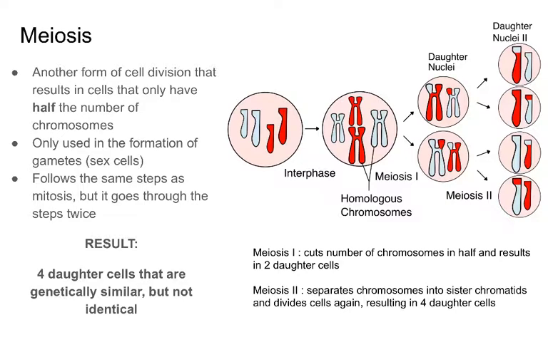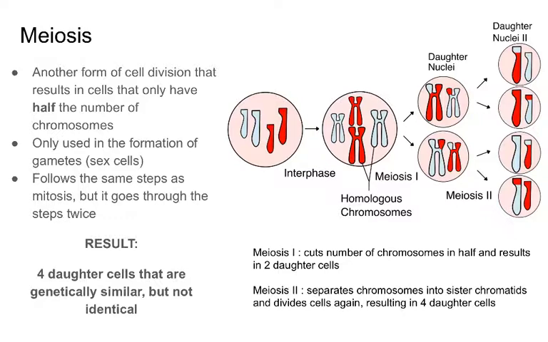In this video, we will begin to look at the first but unbelievably important happenings in meiosis. So if we look at the slide, we can see a lot of stuff going on here.